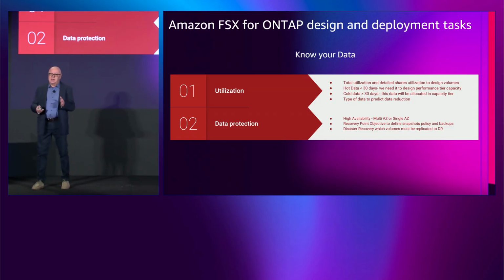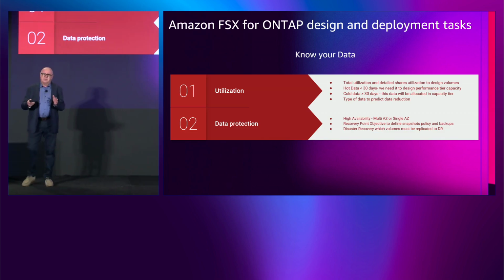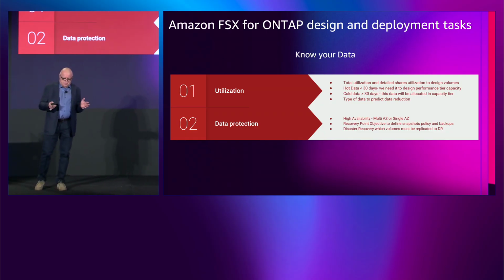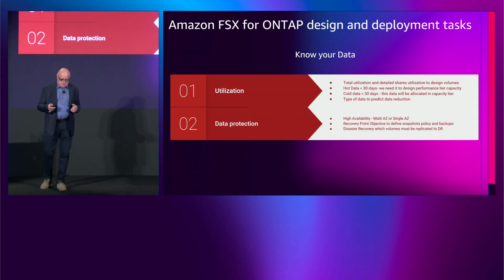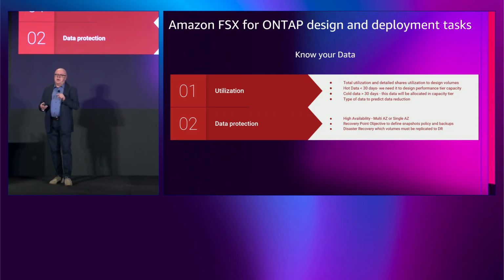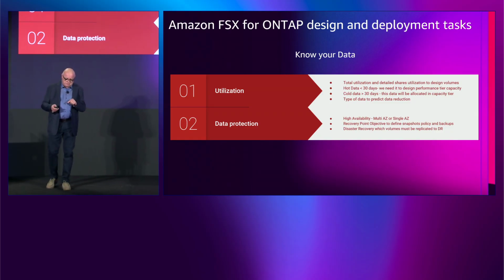What is hot data? Hot data is the data that is active in the last 30 days, data that has been written to our shares. And why? Because that will define our performance tier, the SSD tier on FSx.